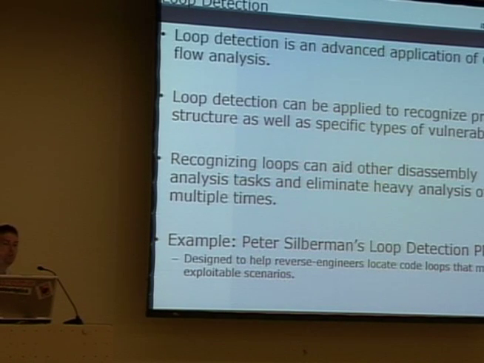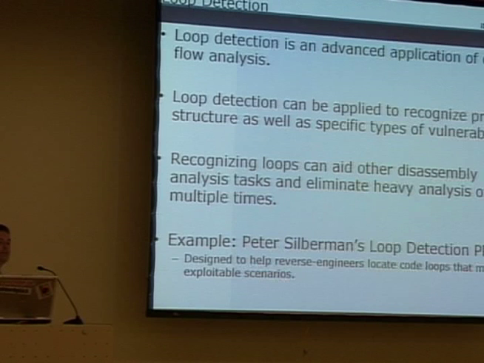When we look a little bit further into control flow, one of the most common high-level constructs that we see in most programming languages is some form of loop, whether it be a for statement or a while statement, some form of continual execution of a piece of code for a certain length of time. To speed up programmatic analysis, sometimes it's better to understand where these loops occur and that you only need to parse the specific section so many times.